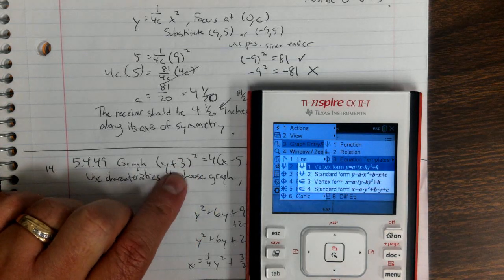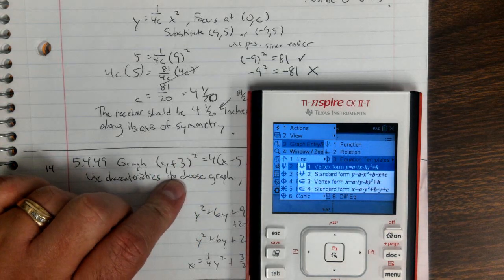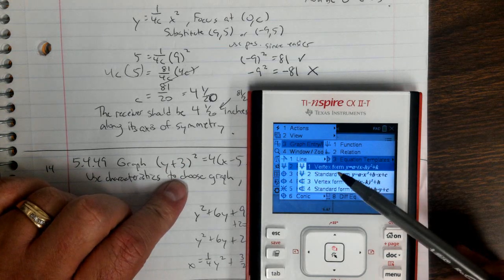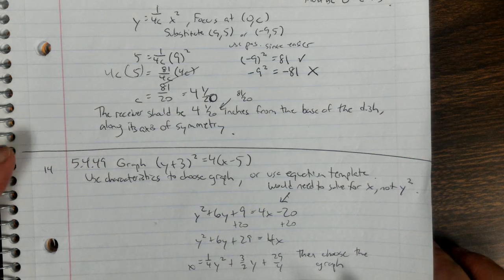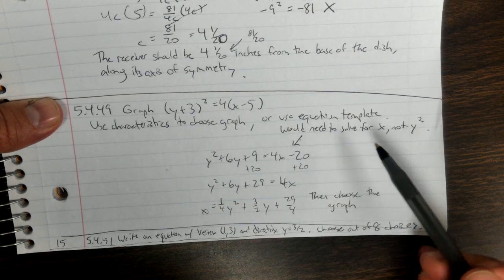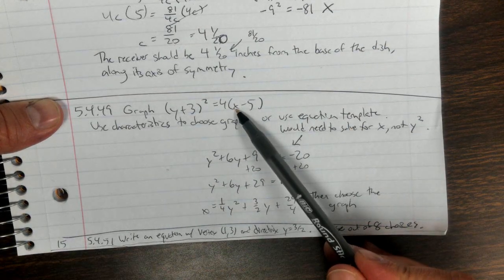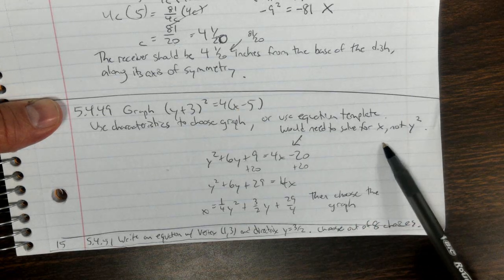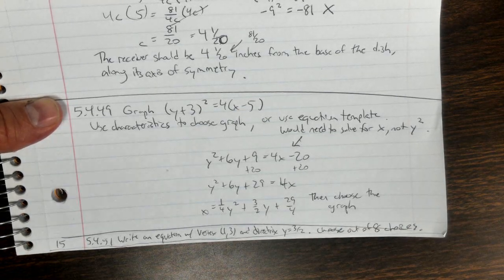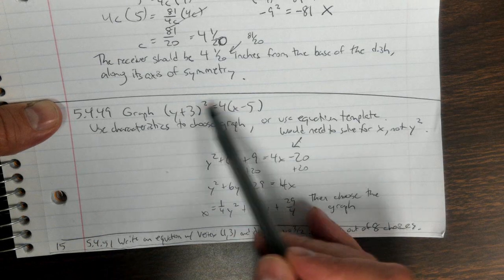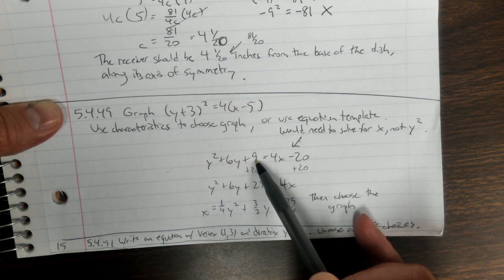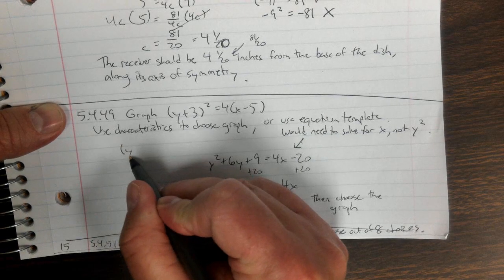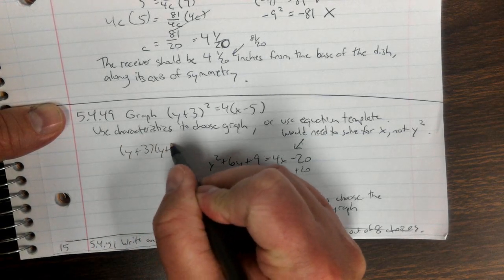This has (y plus 3) squared. So if you are going to use your calculator, you have to do some work first. So you would need to solve for x, not y squared. So the first thing you have to do is expand this, so that'd be y squared plus 6y plus 9. So basically you're doing y plus 3 times y plus 3.